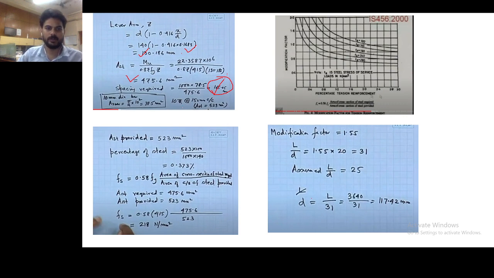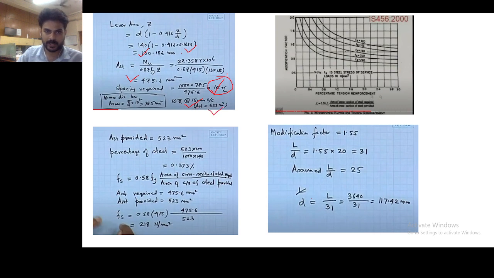So by doing that we provided the 150 mm center to center distance. So our spacing was 165, but we have given the spacing as 150. So our AST becomes 523.